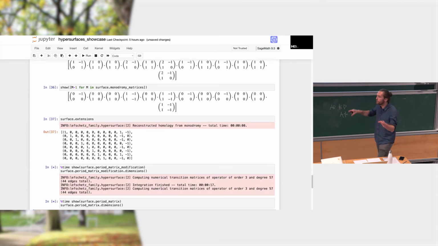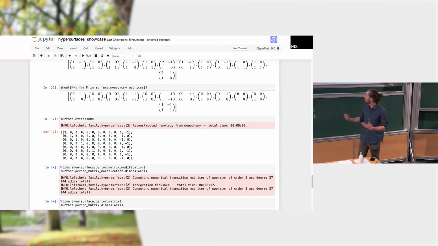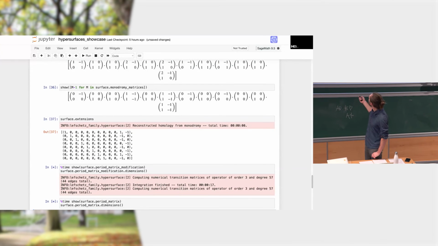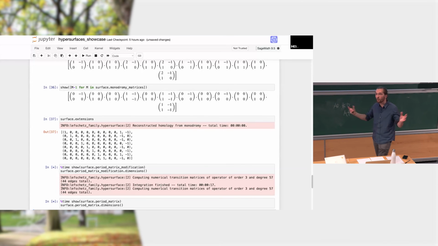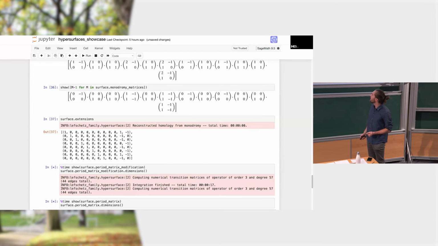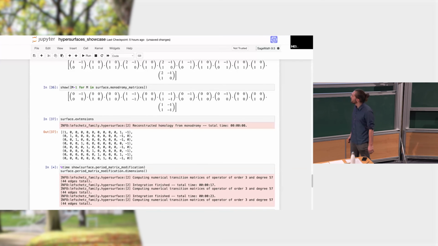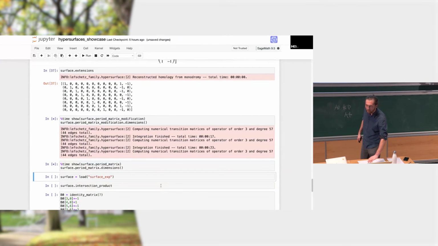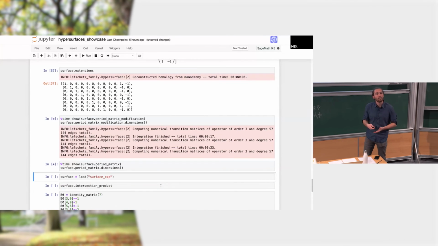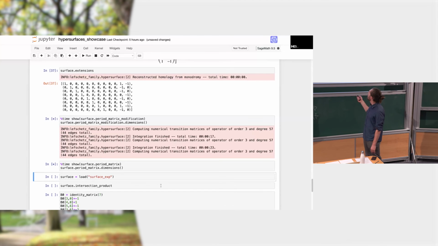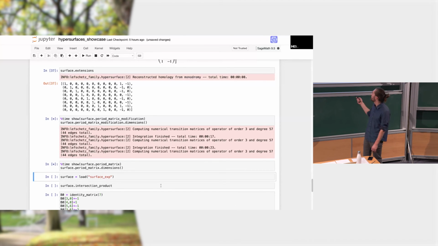And once you have these borders, you can do this gluing business still, and you can recover homology classes in the cubic surface, which are computed there. Then once you have this description of the homology in terms of the symbols, it's just about integrating the forms on these homology classes, which is what is being done here.